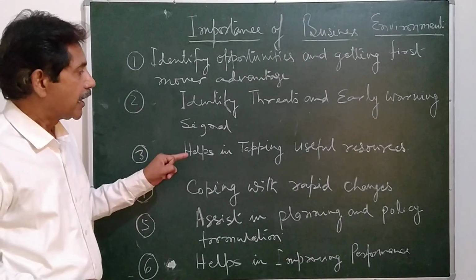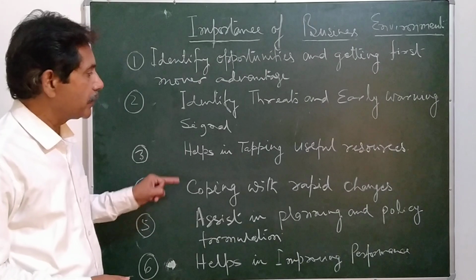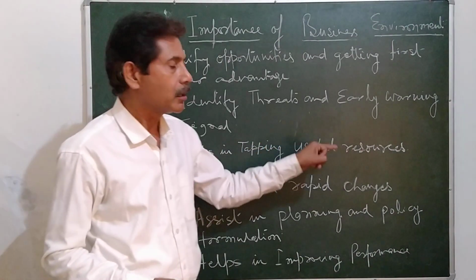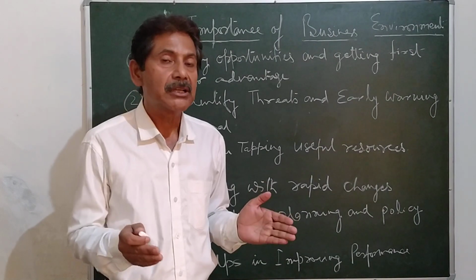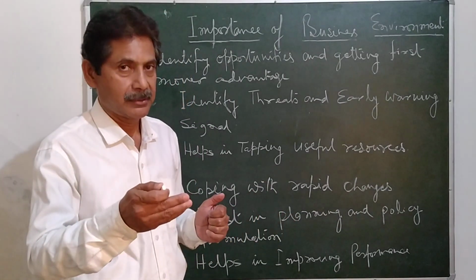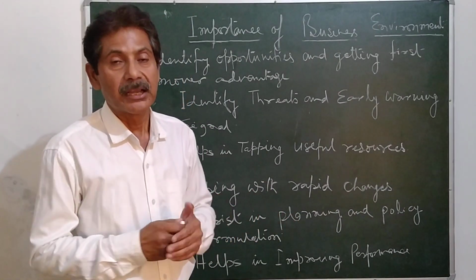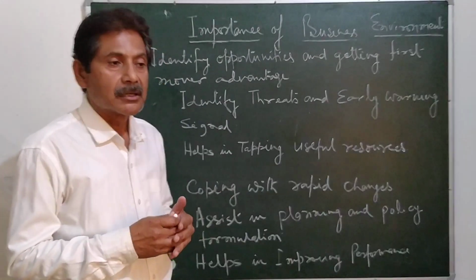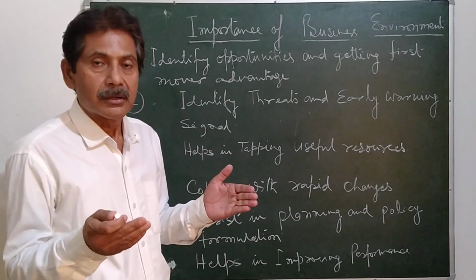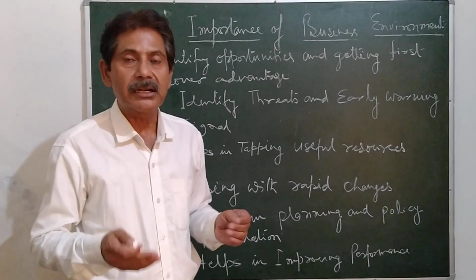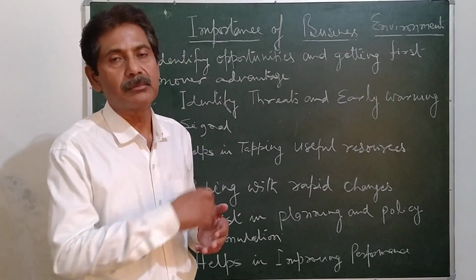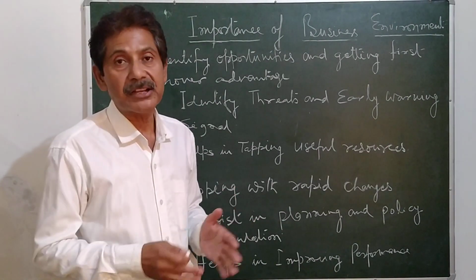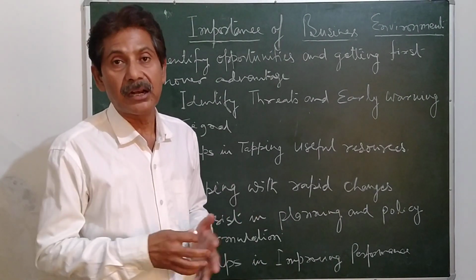Next one is business environment helps in tapping useful resources. Useful resources means you will have to tap the useful resources. Say for example, nowadays you must have heard that Trump is asking for chloroquine and we have supplied them chloroquine. But to manufacture chloroquine, raw material is required.